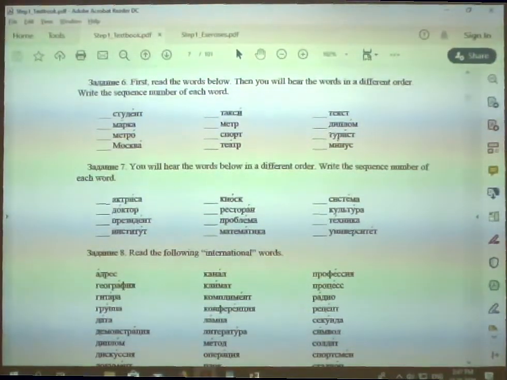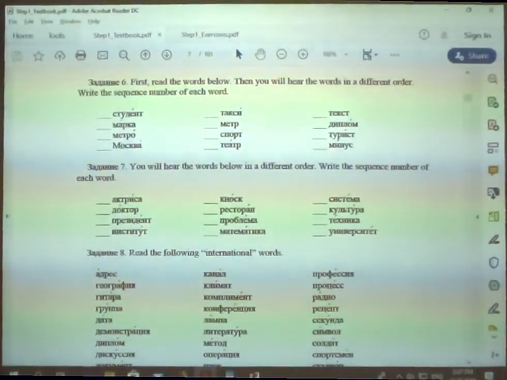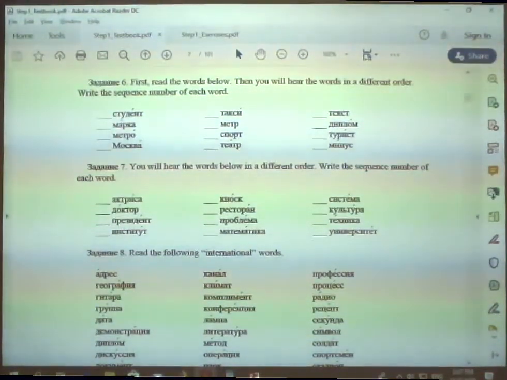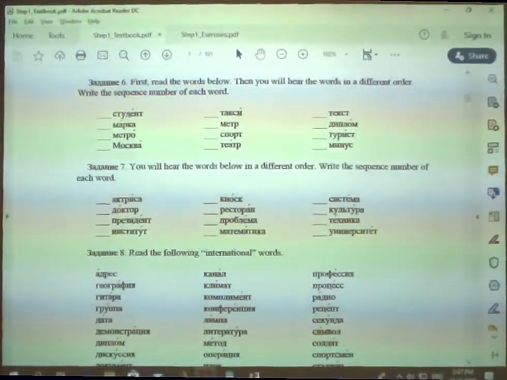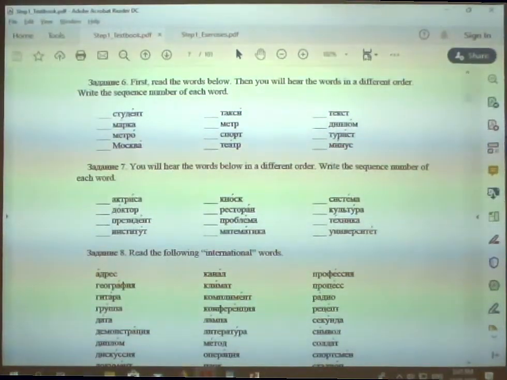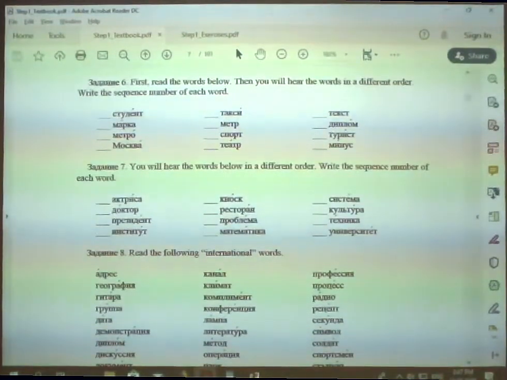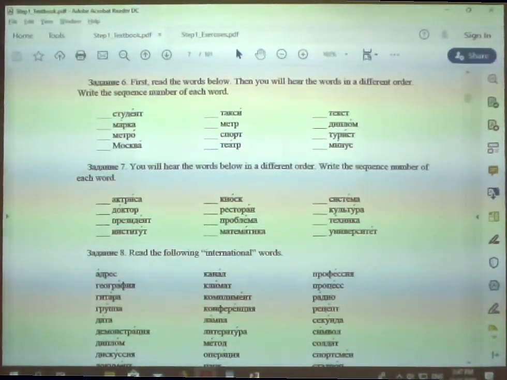Система. Университет, проблема, доктор, институт, культура, техника. And the last word that is left is президент.